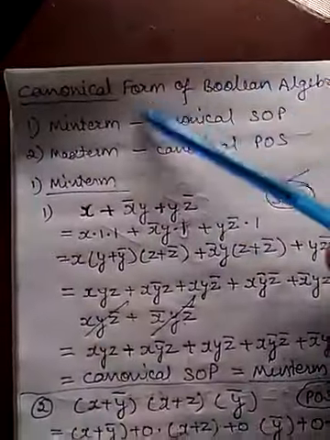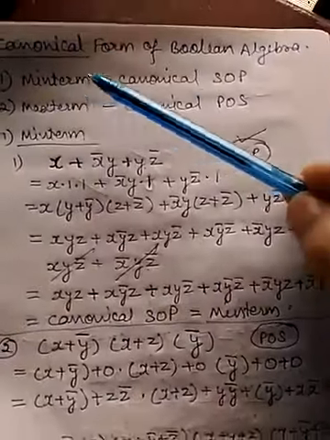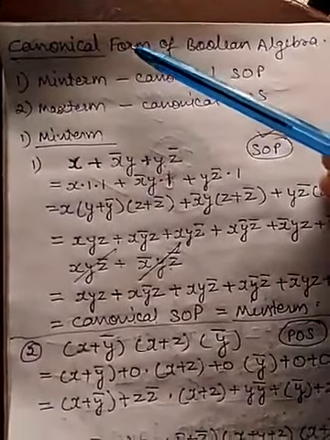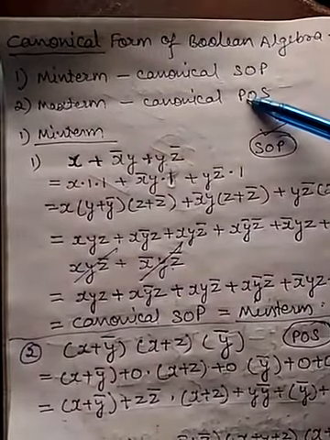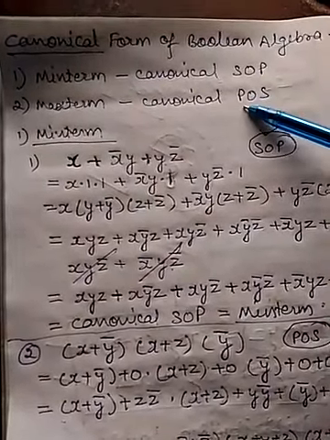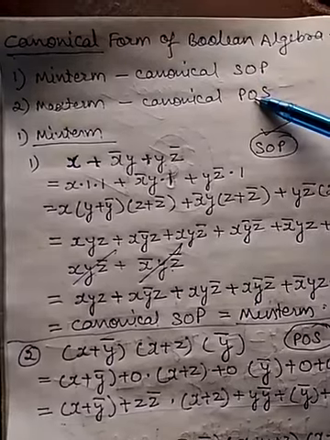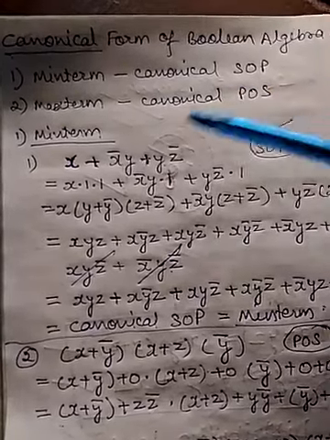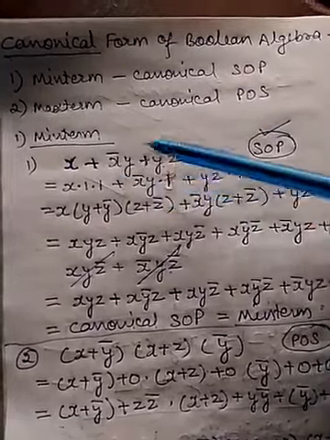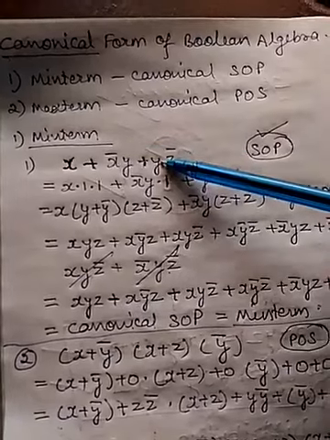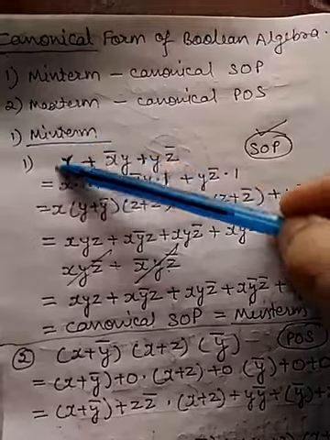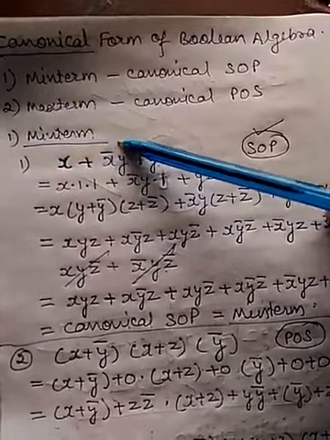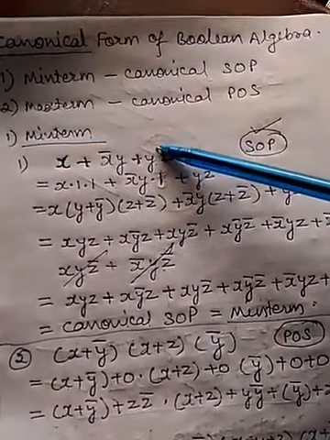Now canonical form. Canonical form of Boolean algebra says that a function is said to be in canonical form if it is present in its standard form, that is, a function must be in sum of product or product of sum, and all the terms of the function must contain all the variables. Like here yz is missing, here z is missing, here x is missing.